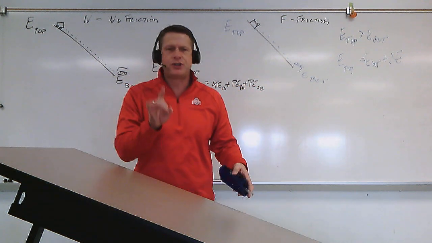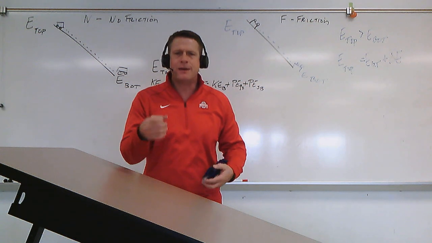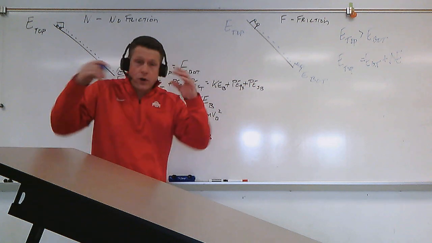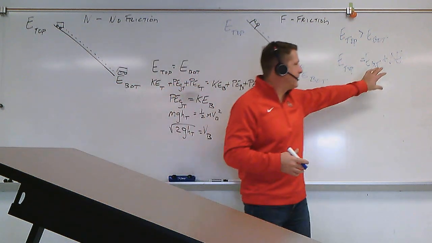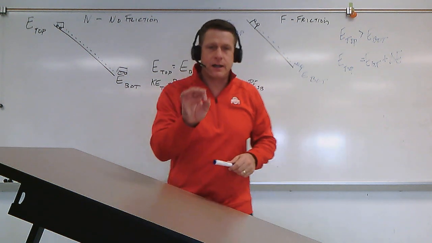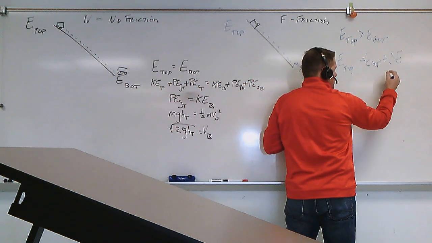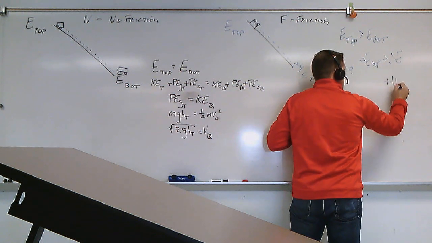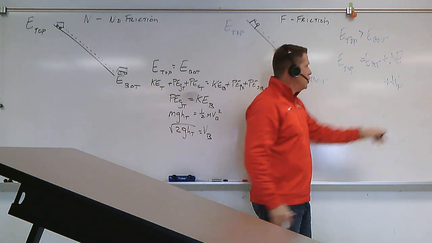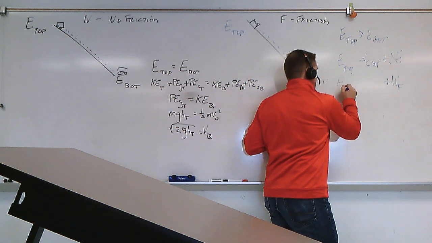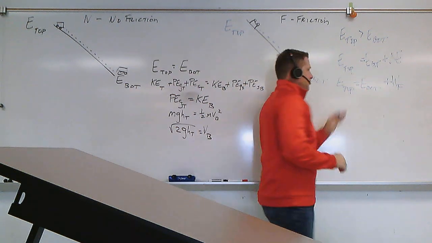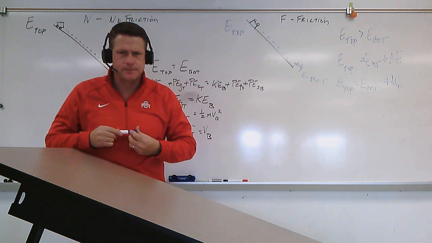So friction's doing negative work to make a negative change in energy overall to the system. This number here plays itself out as a positive because of where we've placed it in the equation. But this change in energy comes about because friction did work. So the energy at the top is equal to the energy at the bottom plus the work done by friction.